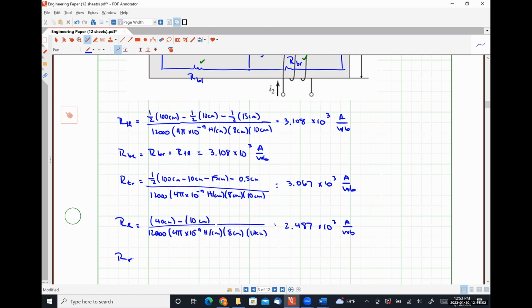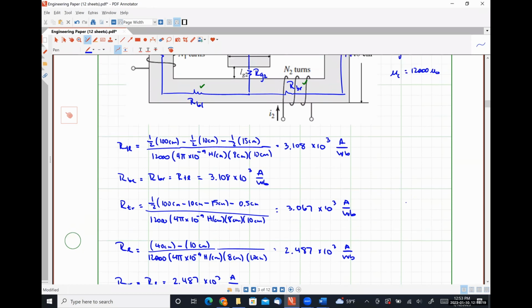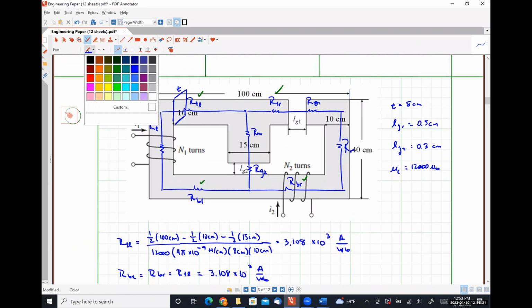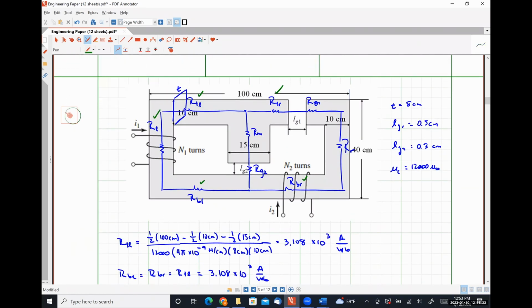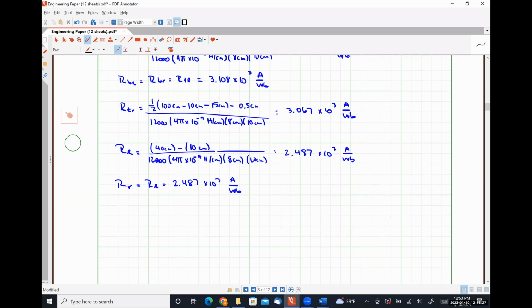So the quantity RR is going to be the exact same thing as RL because they are same dimensions and all that kind of jazz. So 2.487 times 10 to the 3 amps per Weber, or more correctly, Casey, thank you, amp turns per Weber. Check mark that, check mark that. We can go ahead and do RM here.